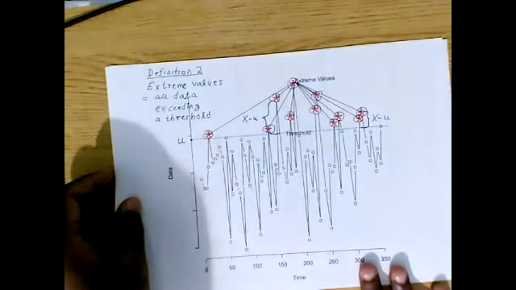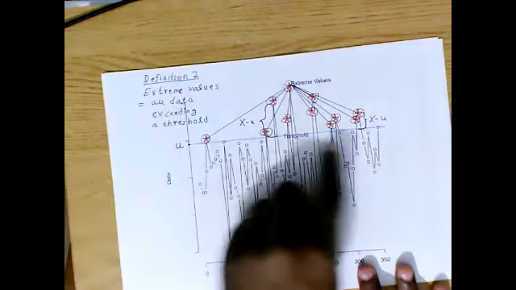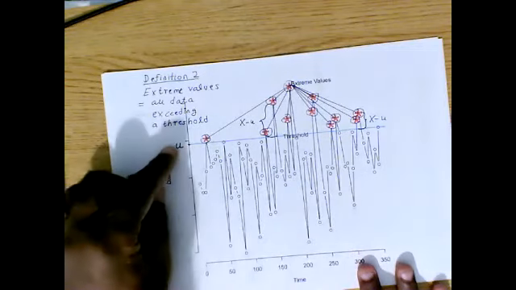Now the third of the 4 videos, let me go through it quickly. Here we are. Remember, this is definition 2 of extreme values, where you draw a line which you think is high enough.